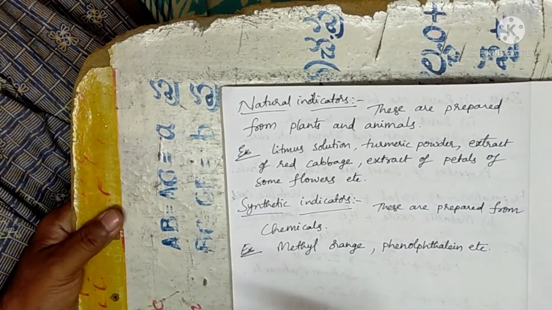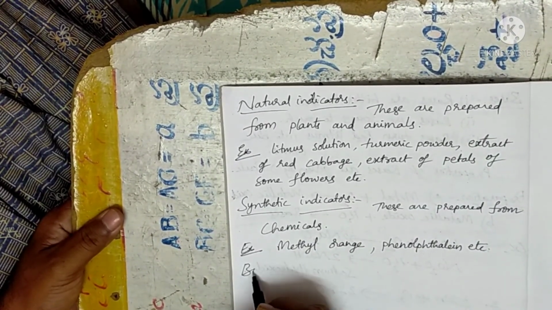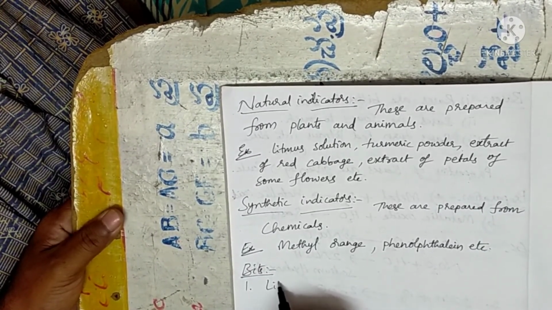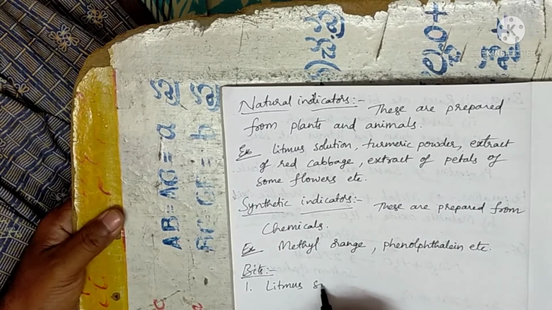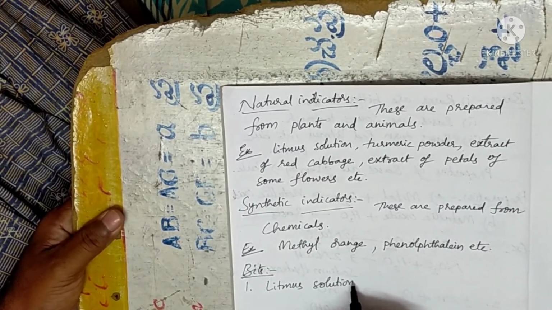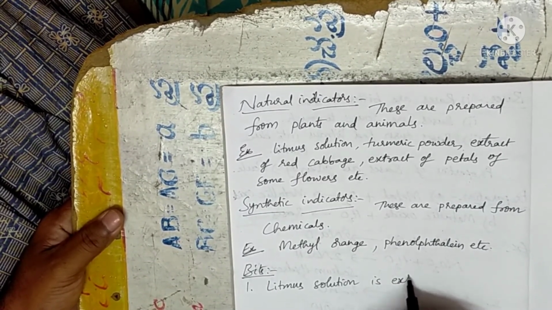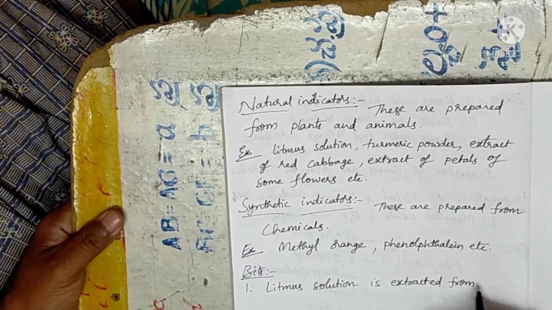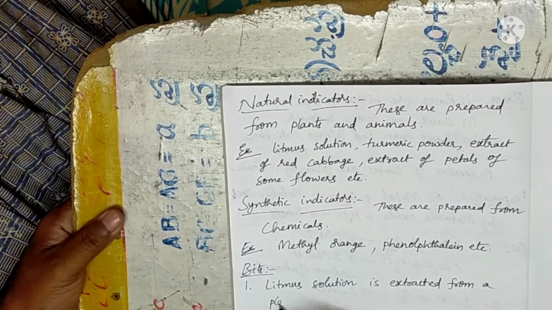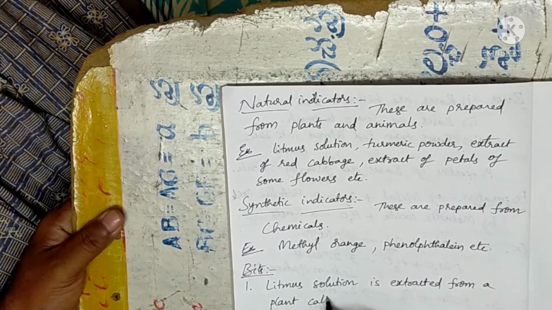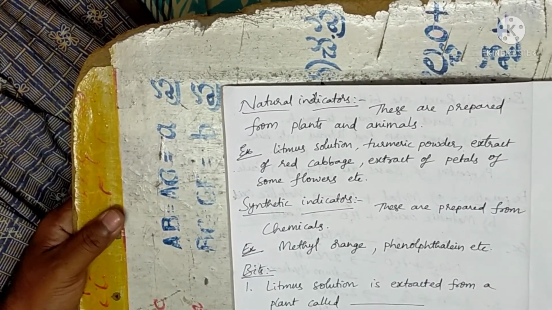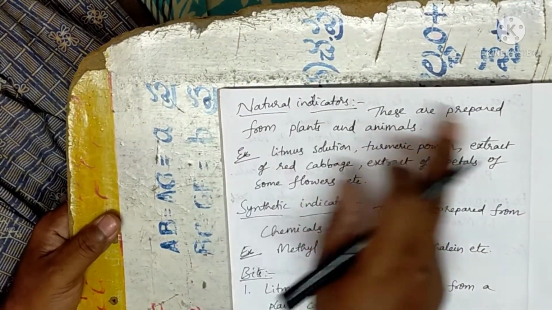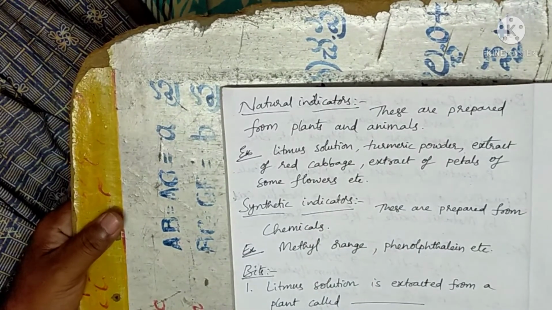In this topic we have two bits. What are those bits? First one: litmus solution is extracted from a plant called dash. Already I told you litmus solution is a natural indicator prepared from plants and animals.